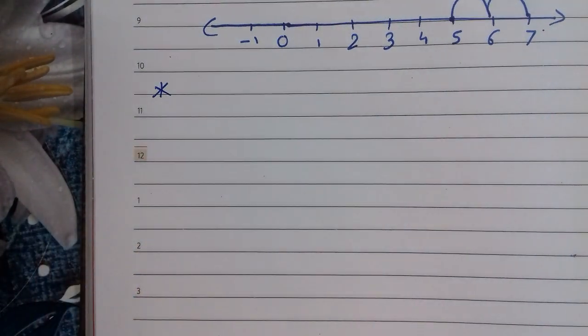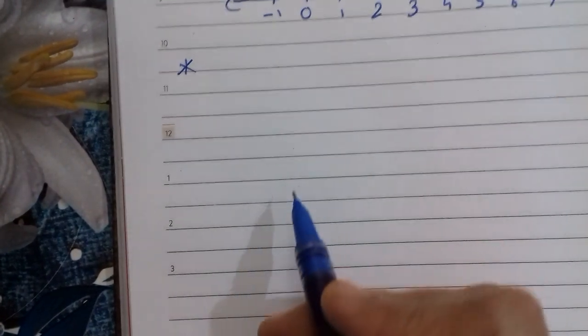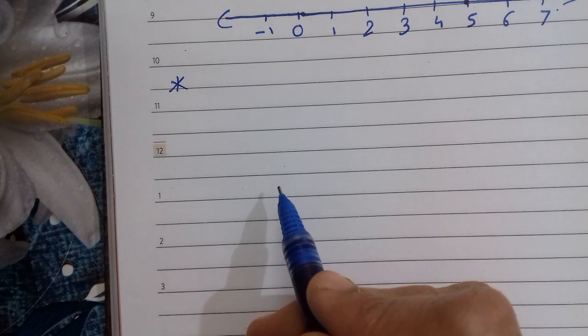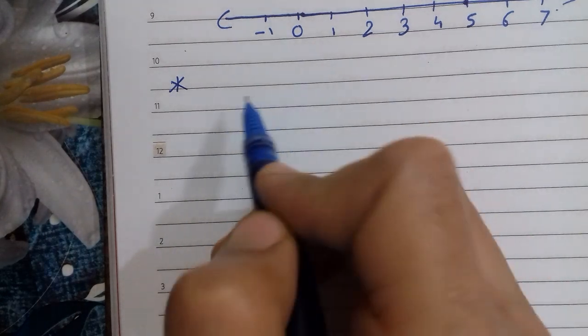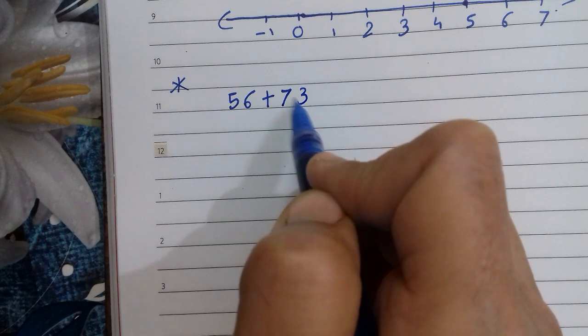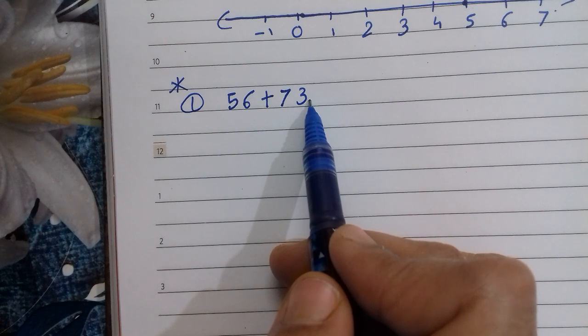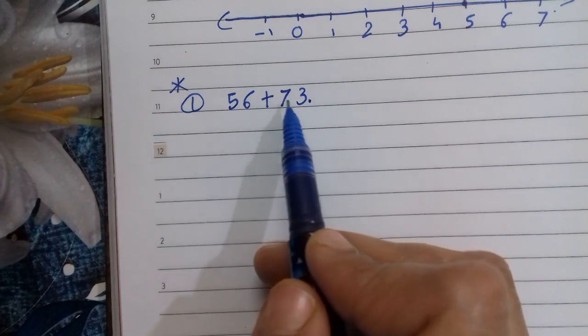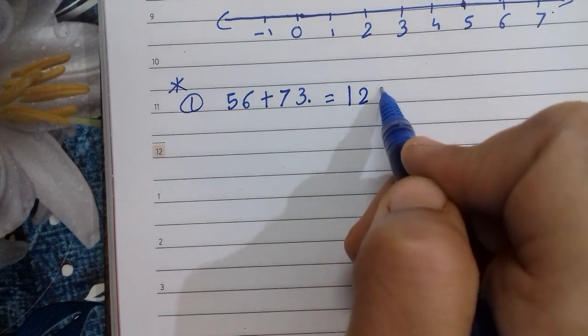Now we will do addition and subtraction without a number line. For example, when two positive integers are added, we get a positive integer. For example, 56 plus 73. Here both the integers are positive.